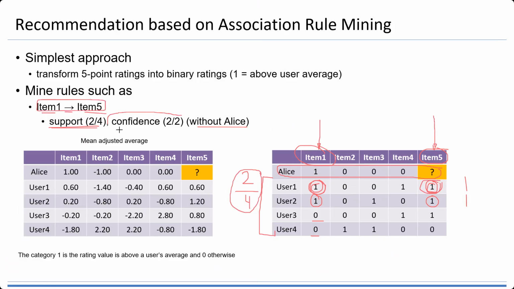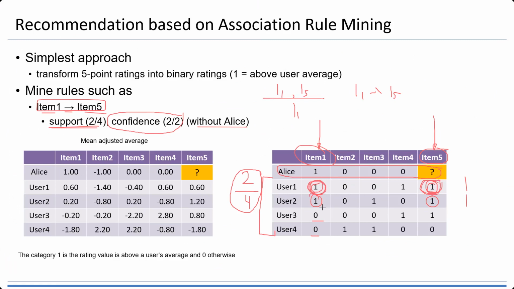And then what about the confidence? If I have item 1, item 5, based on the formula, I will check the item 1 and item 5 divided by the total of item 1. So for item 1 and item 5, I want to know how many users gave a good rating on both item 1 and item 5.